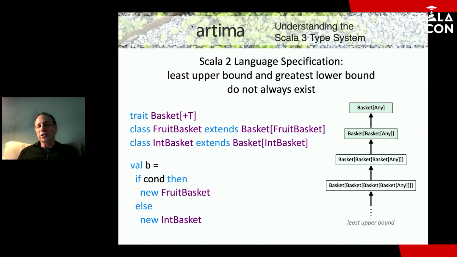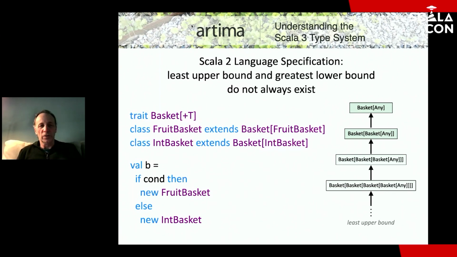So then it looks and says, well, fruit basket is a basket of fruit basket, and int basket is a basket of int basket. So what's the least upper bound of those two things? Well, then you have to go look inside at fruit basket again and say, well, fruit basket is a subtype of basket of fruit basket, and int basket is a subtype of basket of int basket. And basically what you end up with is an infinite series.